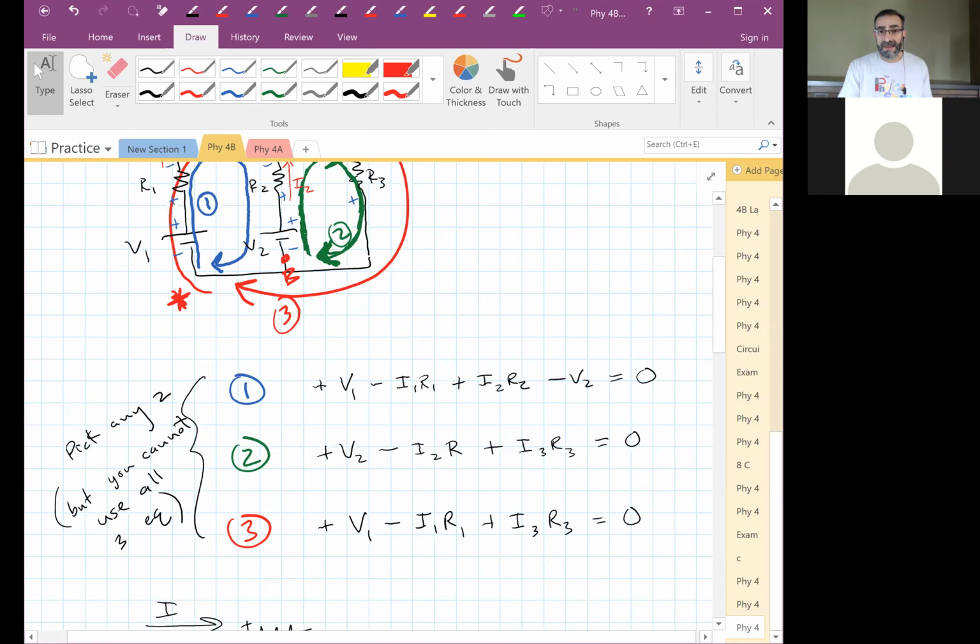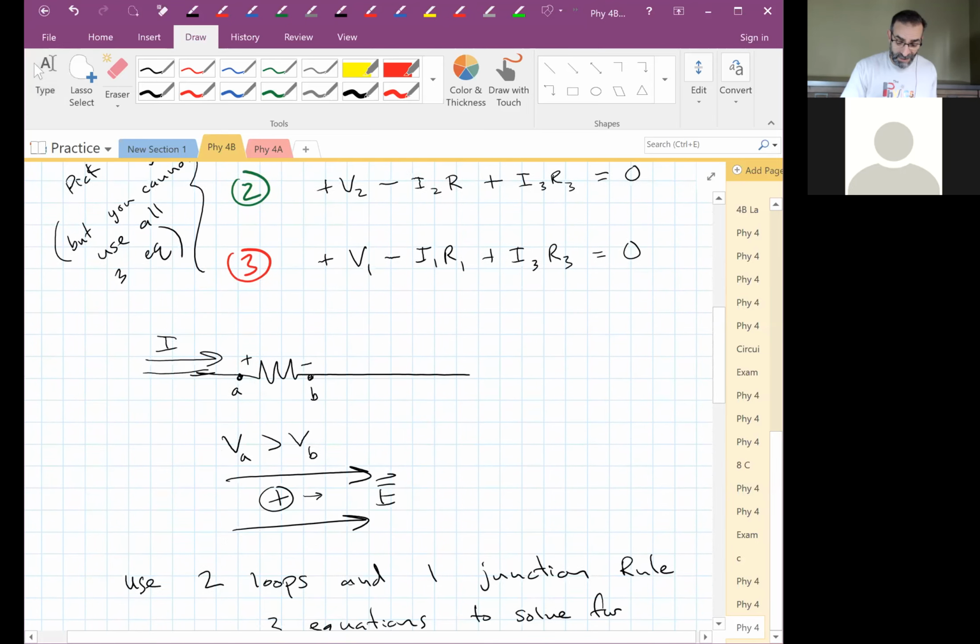Learn how to set it up as a matrix, let it solve it for you. For three equations, three unknowns, maybe it's not a big deal, but if I make this circuit a little more complicated, all of a sudden we have 5 equations and 5 unknowns. Cranking through all the algebra is pretty time consuming. If you learn how to use the feature on your calculator to solve these simultaneous equations, it's a lot quicker. Yeah, linear algebra.